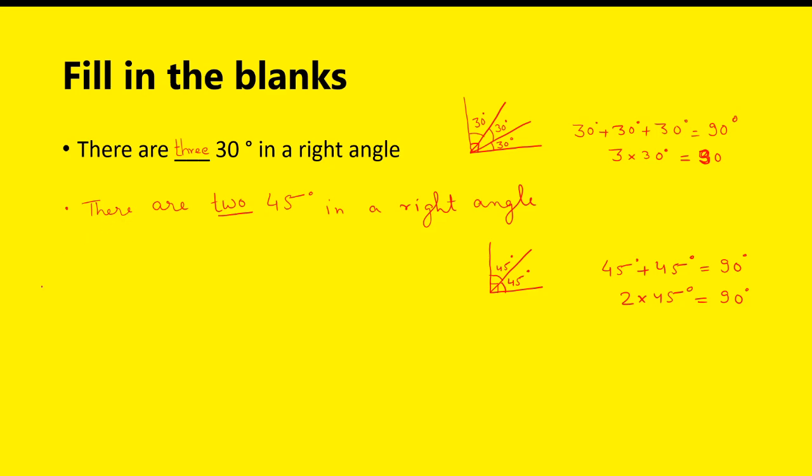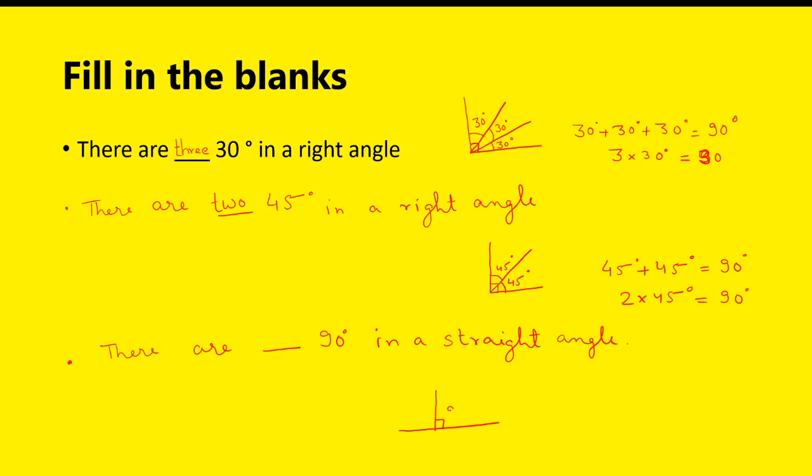Same like that, if I am writing one more question, there are dash 90-degree in a straight angle. So what will be your answer children? So very simple. How many 90-degree angles in a straight angle children?